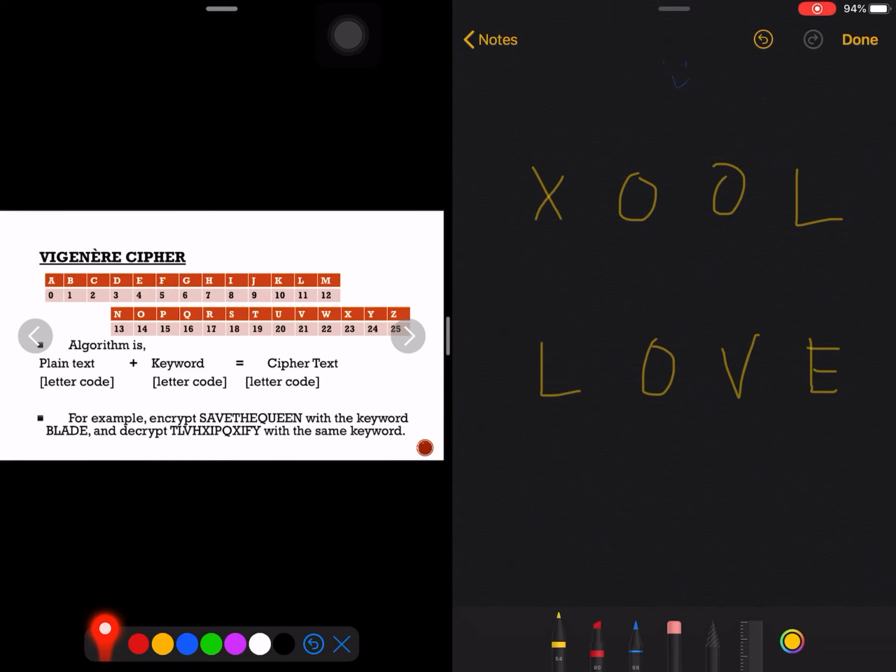So get the letter codes of these letters. X is 23, O is 14, O is 14, L here is 11, this is 11, this is 14, V is 21, and E is 4. There.